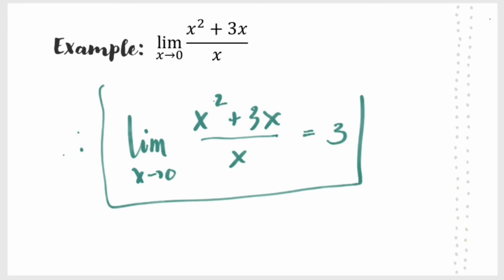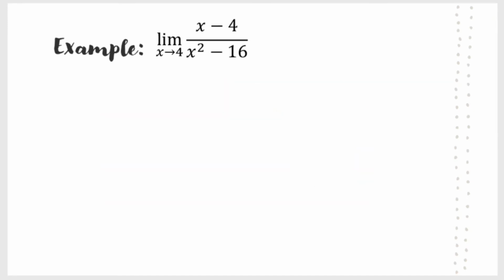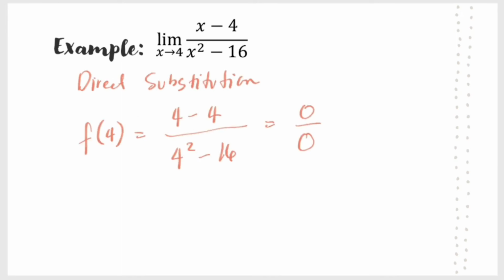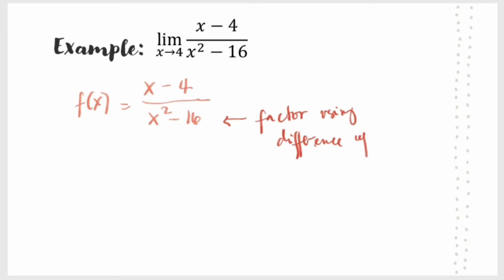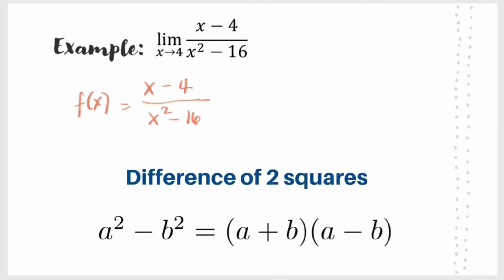Another example, the limit of x minus 4 all over x squared minus 16 as x approaches 4. If we apply direct substitution, we get an indeterminate form. Let's simplify that function by factoring the denominator, which is the difference of two squares. So it will become x minus 4 all over x minus 4 times x plus 4.